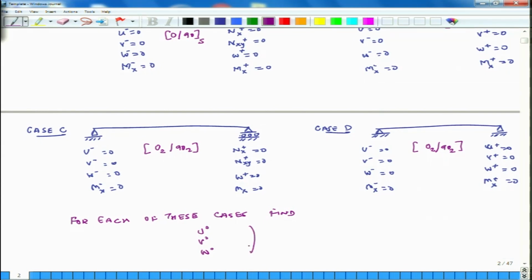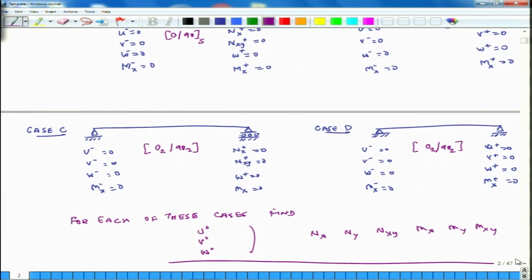And then if we know U, V and W, then we can also find Nx, Ny, Nxy, Mx, My, Mxy. So, we have to find all these parameters for all these cases. So, that is the problem.